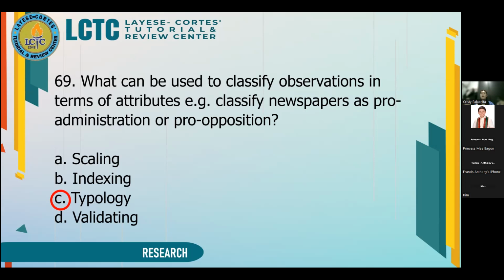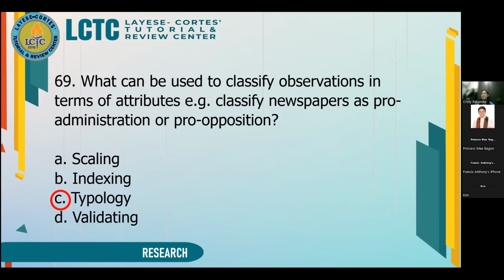If you mean scaling, in research we have nominal scaling, ordinal, interval, and ratio. The nominal is the number you assign to your variables. Ordinal scaling is when you rank first, second, third.